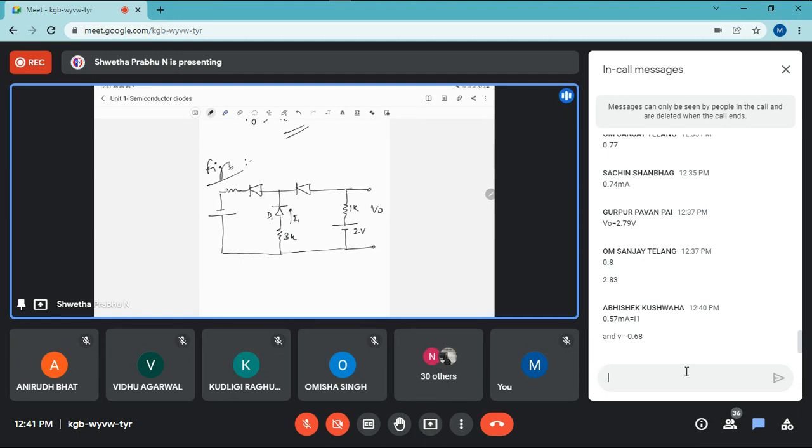This is the direction of current. This is D2, this is D3, and this is 1K, and this is 5 volts. This is the given circuit. Current I1 direction is upward. I'll take this as IA and this as IB. So therefore, I1 is IA minus IB.